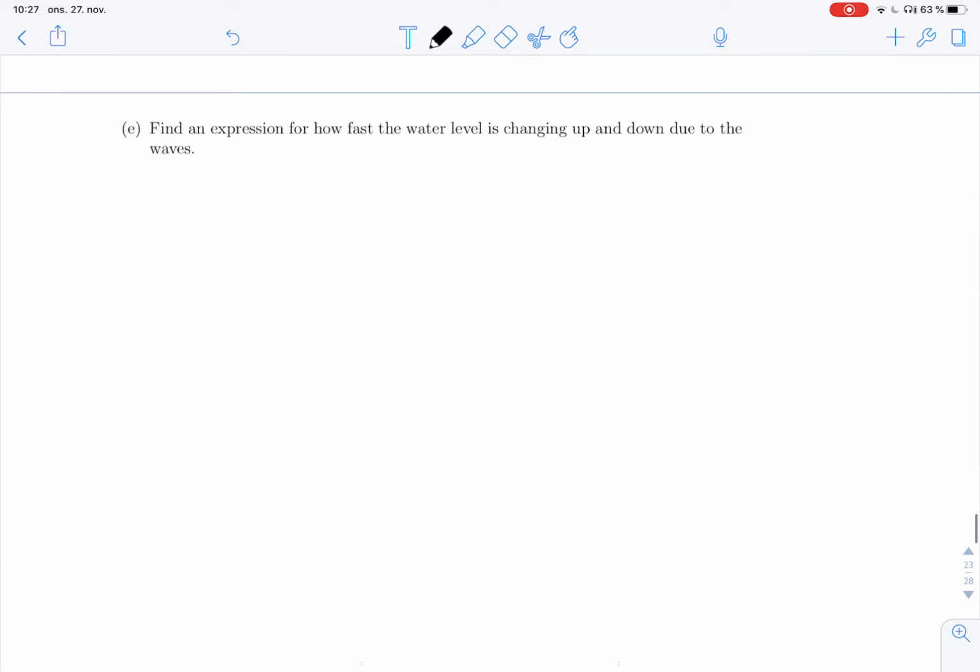Okay, E. Find an expression for how fast the water level is changing up and down due to the waves. The rate of change is simply the derivative.